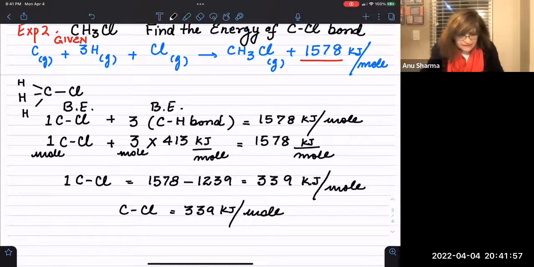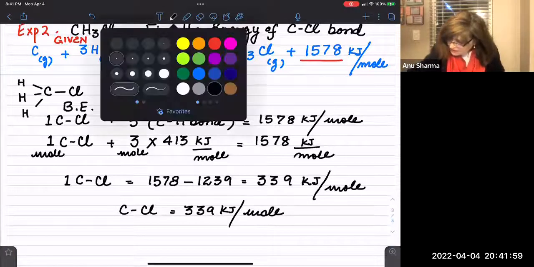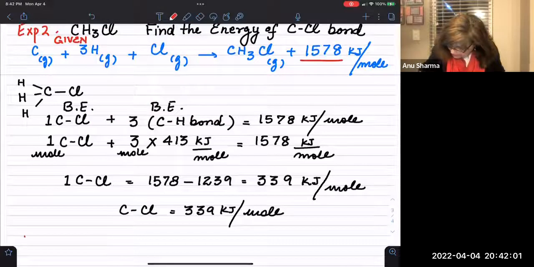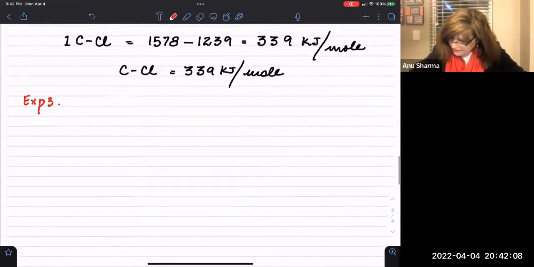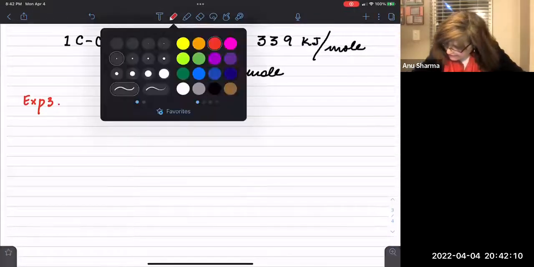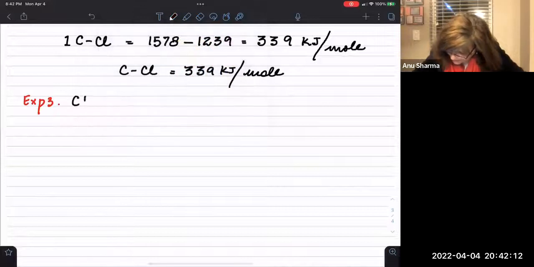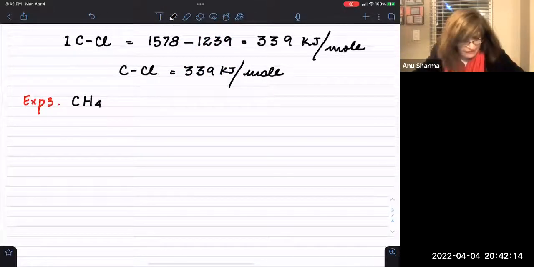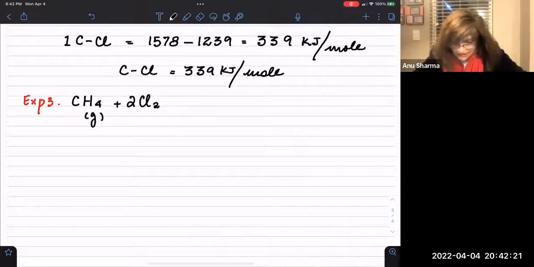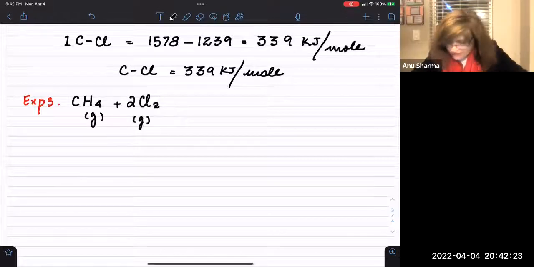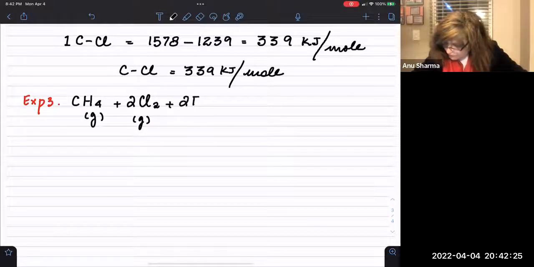Another example, this is example number 3. Here you are given CH4. This is a reaction that is given: CH4, methane in gaseous form, is reacting with 2 Cl2 in gaseous form and 2 F2 in gaseous form.